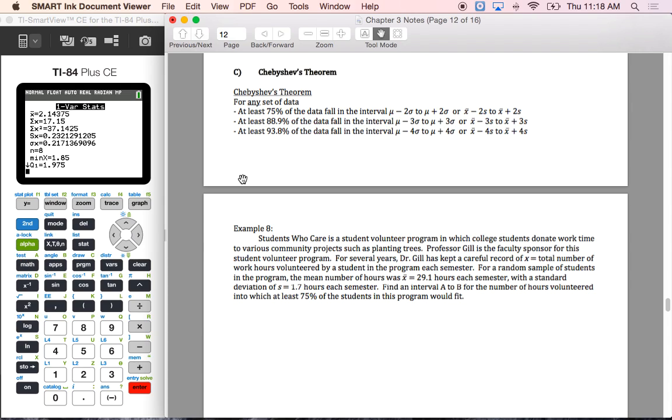So if we want to have 75% of the data, we have to figure out the range between what two numbers that would fall. So if we look at example 8, you need to know what your mean and your standard deviation are. They tell us 75%, so that means we're going to take x bar minus 2s, to x bar plus 2s.